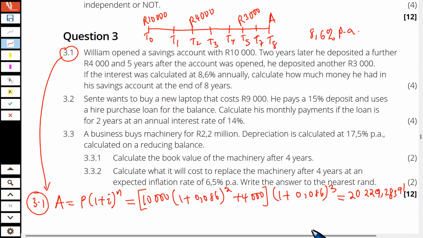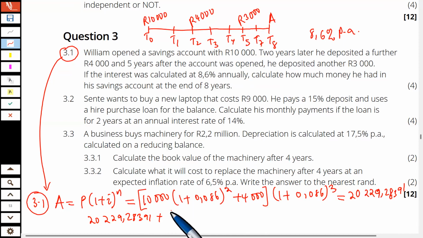Right, so that is what he's going to have in the account at T5, but now he decides to perform another deposit. He takes this money here. So there is this 20,229.28391.